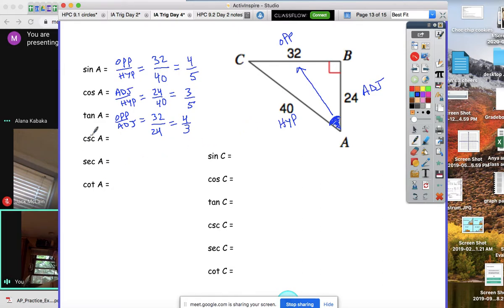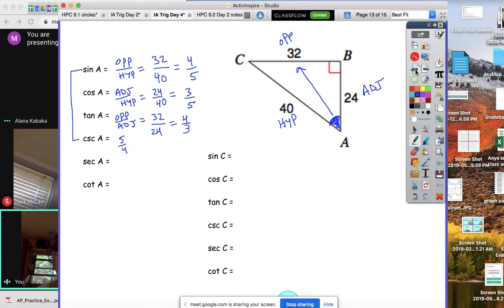Okay, so now with these last three, cosecant, secant, cotangent, if I remember that cosecant is the reciprocal of sine, then I can just look at what sine was and flip it. So flip 4/5, you get 5/4.